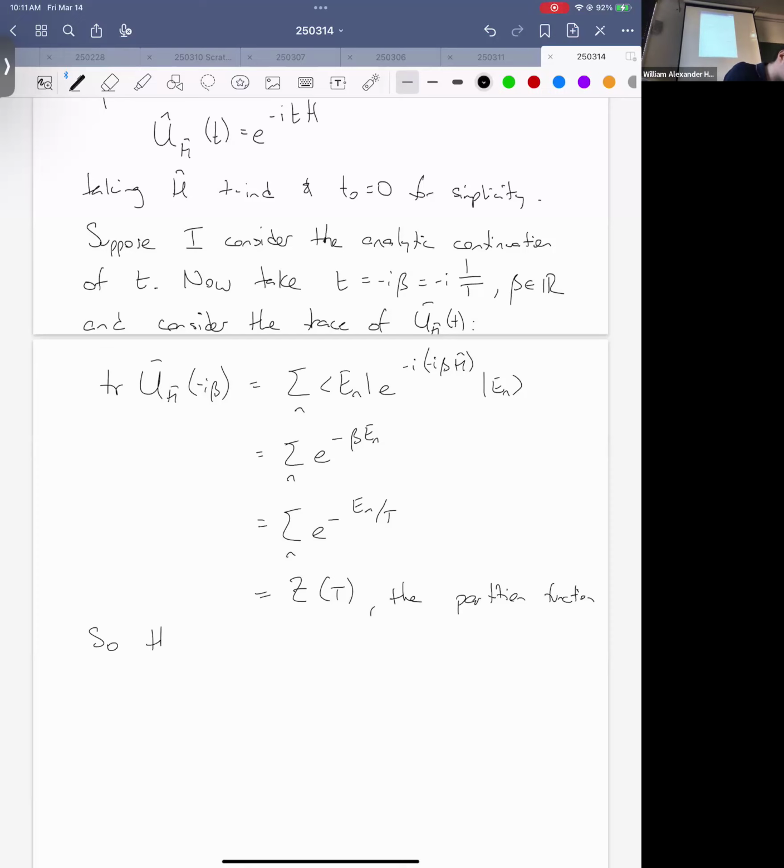So the trace of the time evolution operator for negative imaginary time is the partition function.